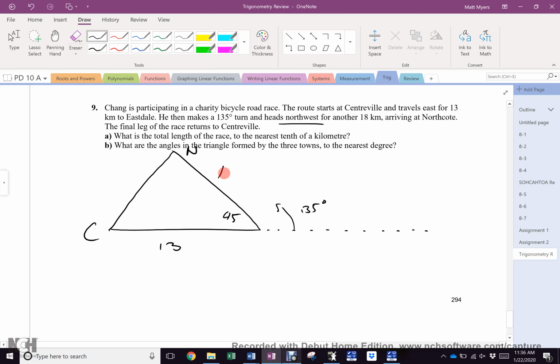This is 18. So then I do cosine law, making this big C, because I need the third side. That's little c. C equals the square root of 13 squared plus 18 squared minus 2 times 13 times 18 times cos 45.